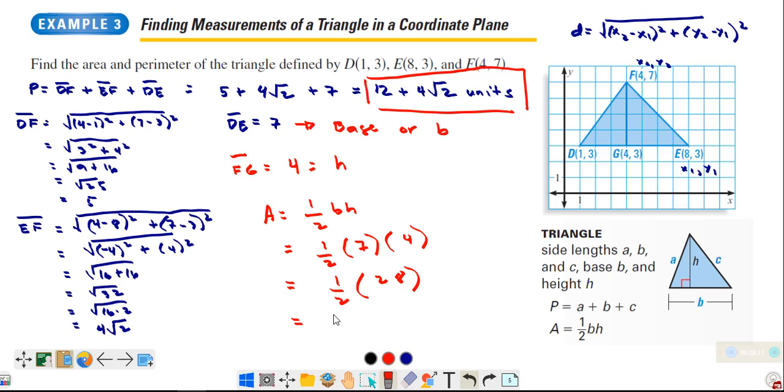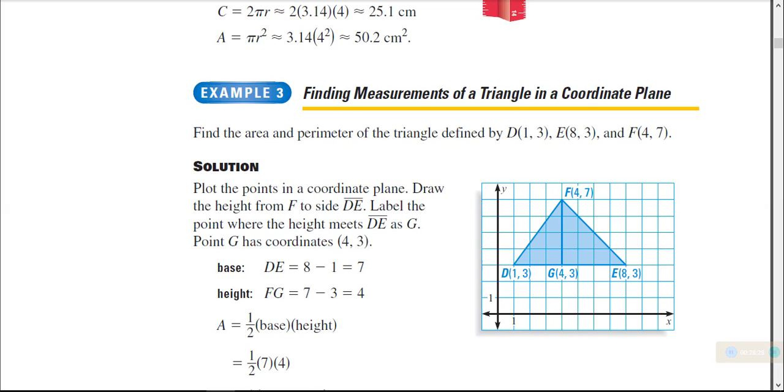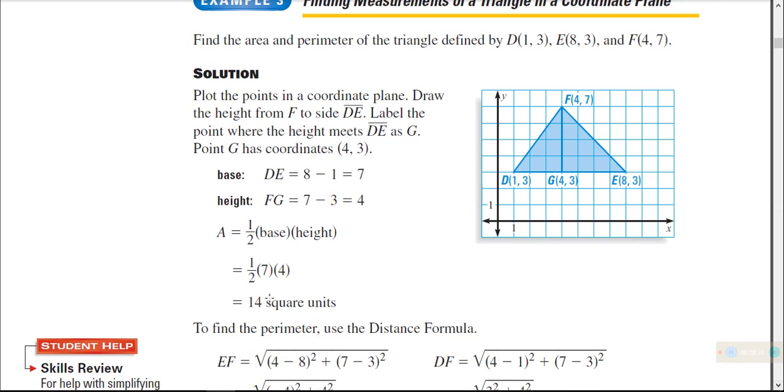And then, kalahati ng 28, we have 28 over 2. We are going to have 14 square units. Okay? So, this is our final answer for the area. Now, let's check kung tama. Yes, 14 square units.